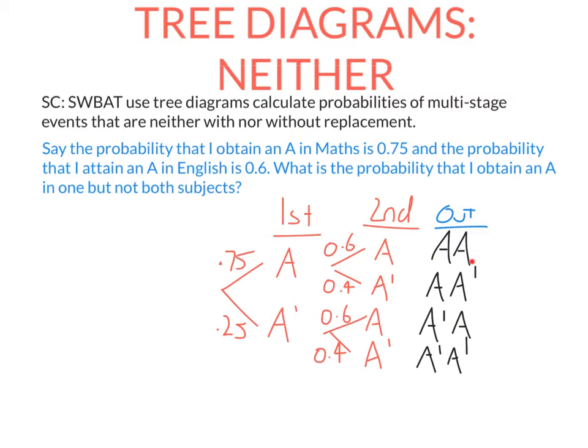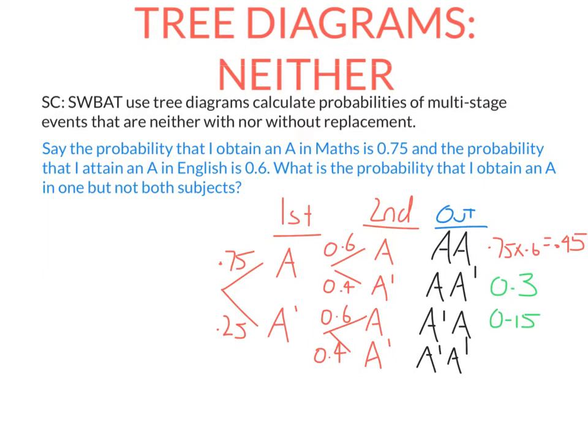So the probability of getting an A in both is 0.75 times 0.6. The probability I get an A in maths but not English is 0.75 times 0.4, which gives me 0.3. The probability of getting an A in English but not maths is 0.25 times 0.6, which is 0.15.